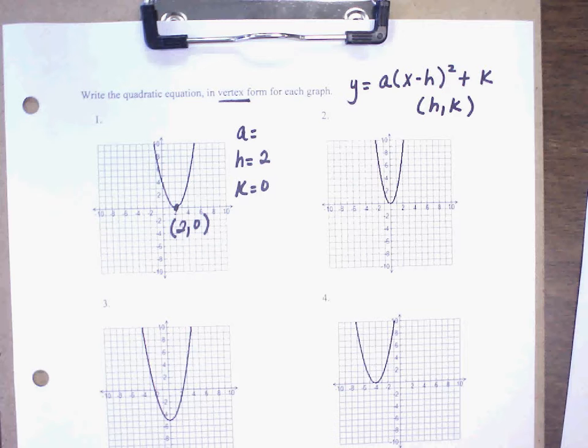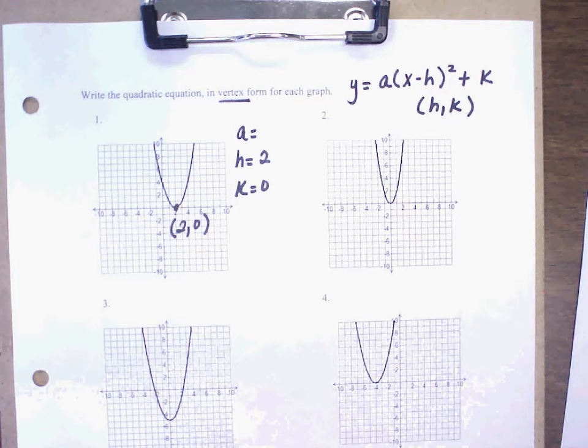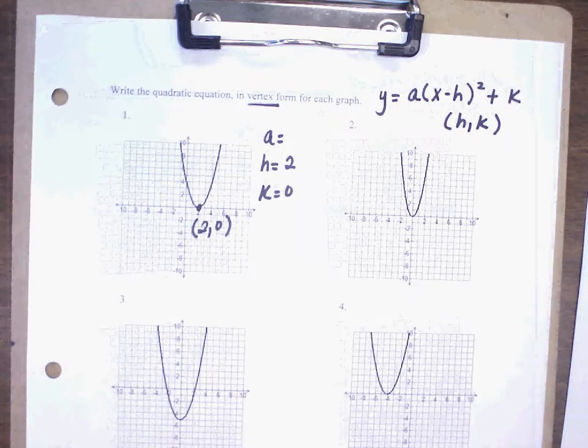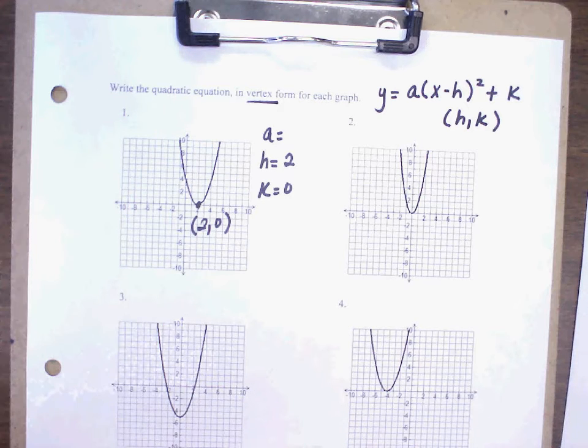Positive or negative? It's positive, but I don't know which number it is, right? So this is where the calculator comes in very handy. That is a quadratic equation, right? How do I know that it's a quadratic equation? It's in the shape of a parabola. Very good. So yes, it's a quadratic because quadratics are in shapes of parabolas, right?